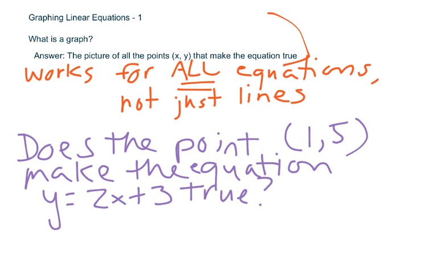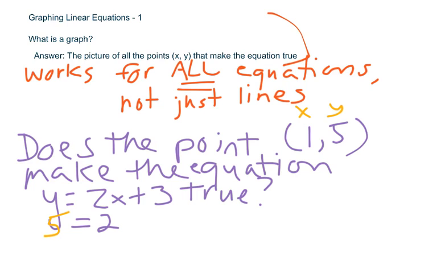The way you would determine the answer to that is you would take the x-coordinate of 1 and the y-coordinate of 5, and you're going to plug those in to the equation where you have the x and the y, and tying back into unit 1, we're going to use order of operations to simplify that, and we're looking for a true statement. So for the y, I will be plugging in a 5.